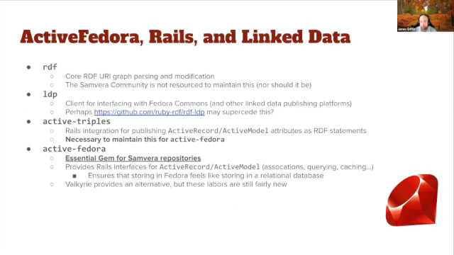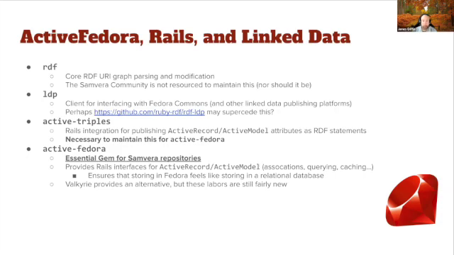LDP, on the other hand, is used basically as a low-level client for interfacing with Fedora Commons or Fedora Commons replacements that adhere to this linked data platform standard. I'm humbly suggesting that perhaps this may be superseded by something that's maintained outside of the community, given that it's going to really tether us to working exclusively with Fedora Commons.